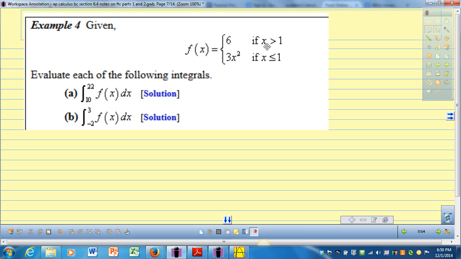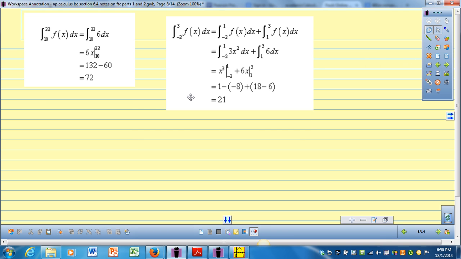And then from 1 to 3, we can use the proper branch, which would be 6. So looking at our solution, that's what we did here. And now we'll plug in the proper functions for f of x. From -2 to 1, we would use the 3x squared branch because that is defined when x is less than 1. And then from 1 to 3, we would use 6 dx.